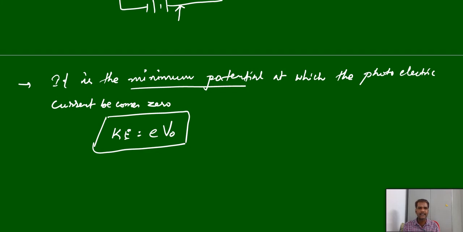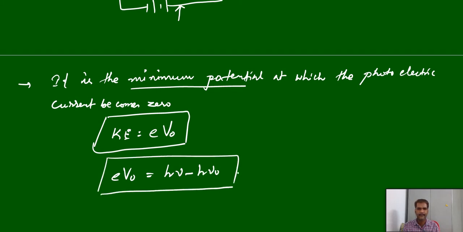What is the kinetic energy according to the photoelectric effect? So we can write the formula in another way: e V naught is equal to h nu minus h nu naught. In the data, if they give the kinetic energy, you can use this formula directly and find the stopping potential values.